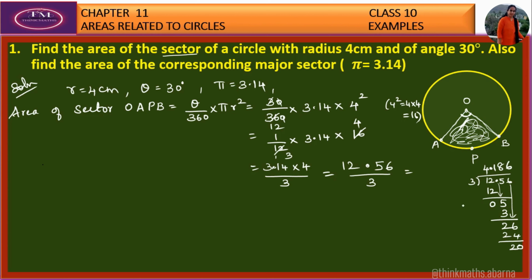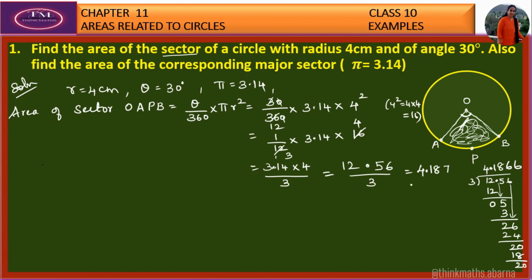6 threes are 18. Again it is 2, so you have to add a 0. 6 threes are 18. So it goes on like this and will not stop. As the remainder is always 2, it will not stop. So it is equal to 4.1866, which can be approximated.